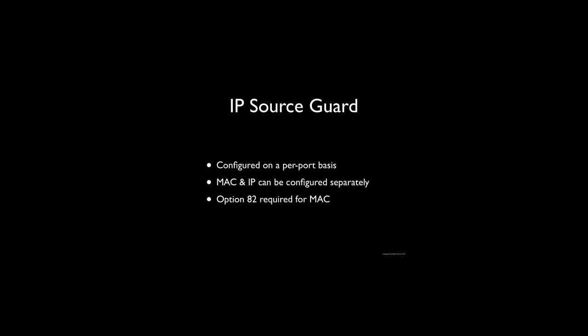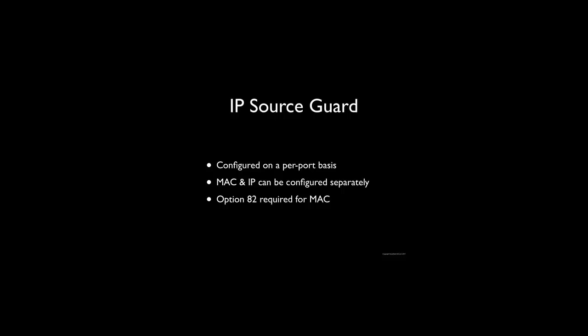But in this case, you configure the IP source guard tool to verify the source addresses on either a MAC or IP basis. If you want to use the MAC basis, then you need to make sure option 82 is enabled for DHCP operation.